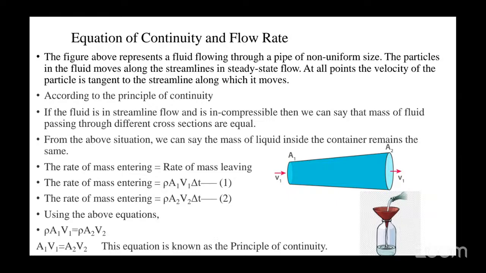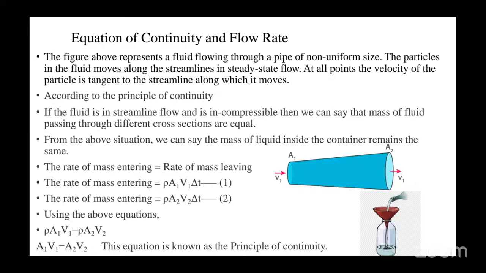So the rate of mass entering there, by converting our mass to volume, density times volume, and substituting, will give us rho A1 v1 over change in time. Rho A1 v1 over change in time.